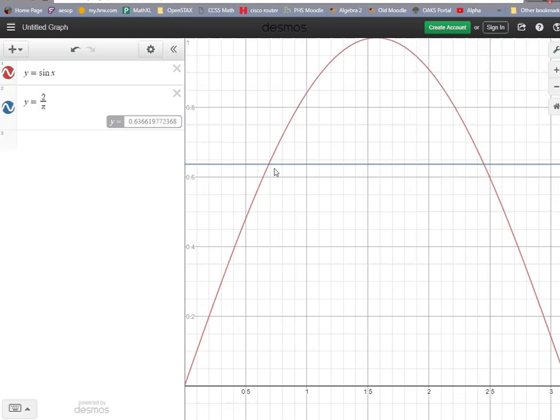And there are our two intersections, right? There's one, and there's one. So what are my solutions? 0.69 and 2.45, if we're just going to provide decimal approximations. Does that make sense?